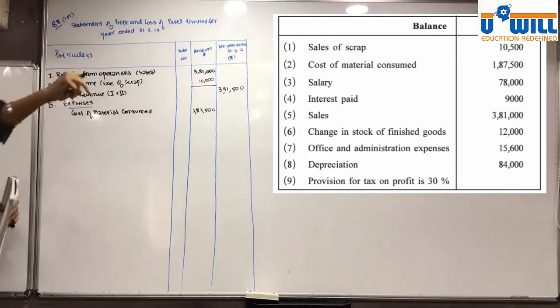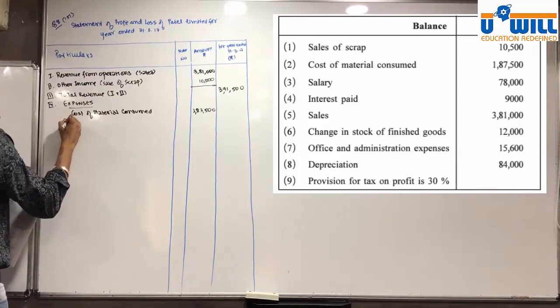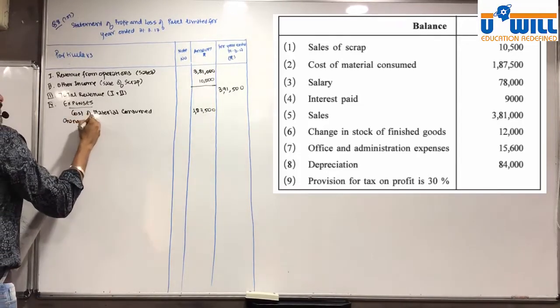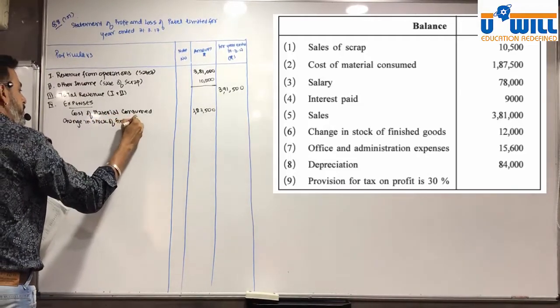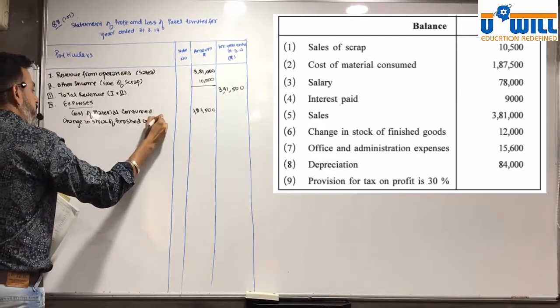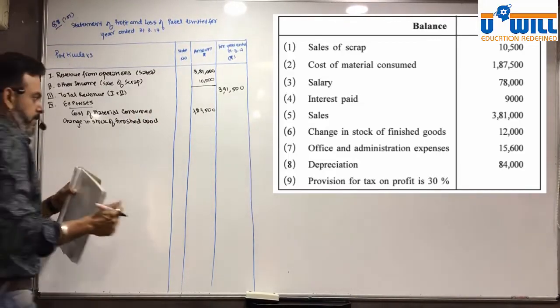Then second is change in stock, already given. Change in stock of finished goods. What is change in stock? Opening stock minus closing. 12,000.